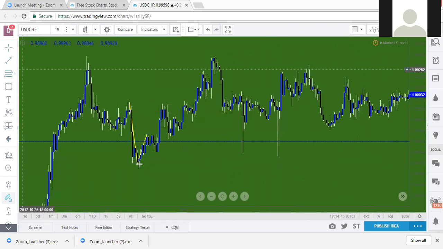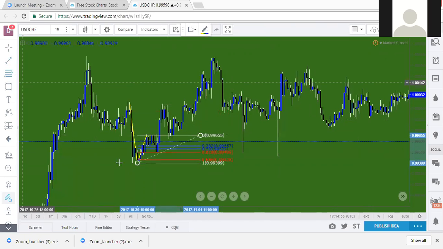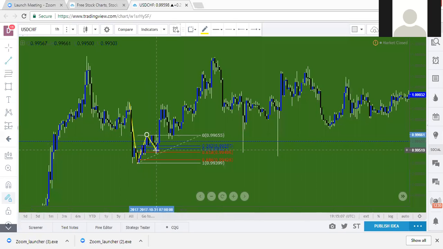In order for the C leg to be valid, we have to have a pullback of at least a 382 from A to B. You can see it came down and hit the 618, which is fine, because we could have even come down, hit 100% of the A leg, and it would still have been valid. So we do have a valid C leg here.